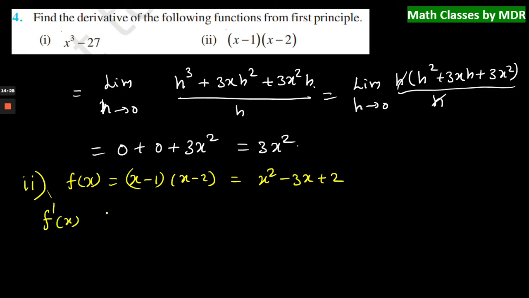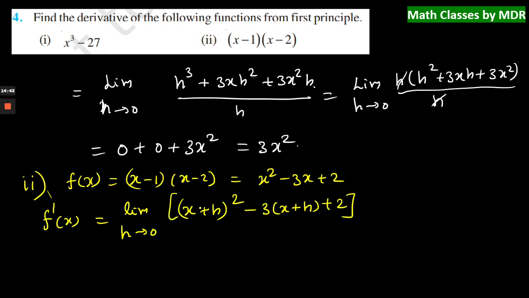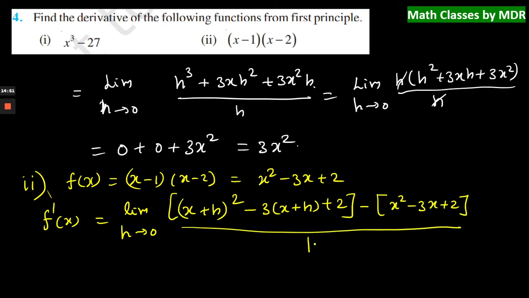By using first principles, it gives us limit h tends to 0, and wherever we have x, we have to replace it with x plus h: (x plus h) whole square minus 3 into (x plus h) plus 2 is the first term, f of x plus h, minus f of x. f of x is as it is, x square minus 3x plus 2, the whole divided by h.